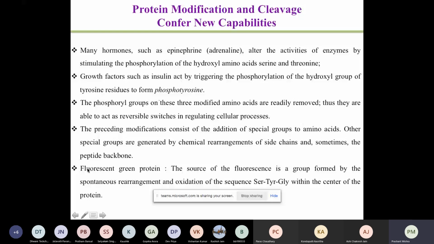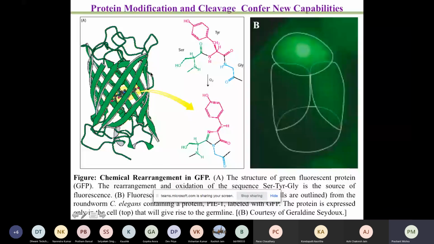The last very interesting example is green fluorescent protein, where you have a set of amino acids, serine, tyrosine, and glycine, a tripeptide, which are arranged and whose oxidation leads to the very interesting phenomenon of fluorescence. This protein is modified in the presence of oxygen, and you get the fluorescent structure.